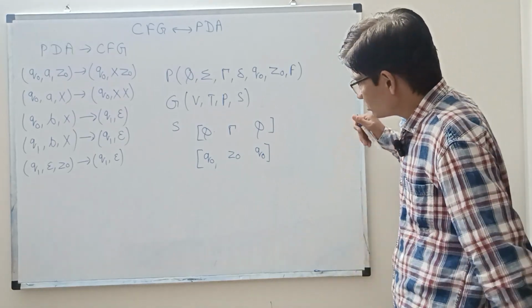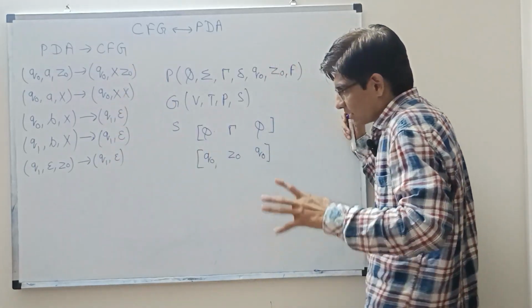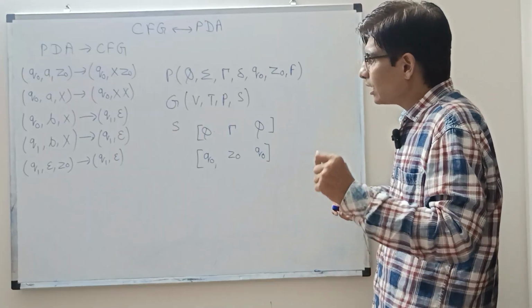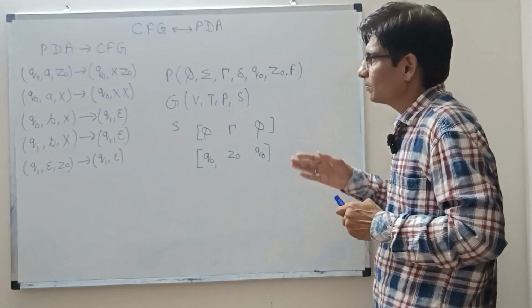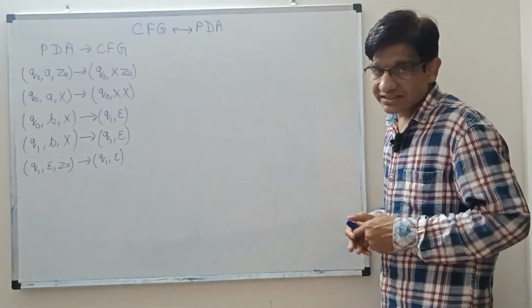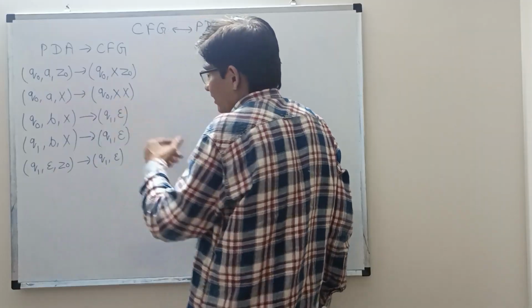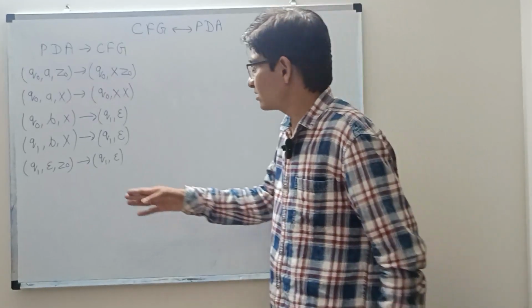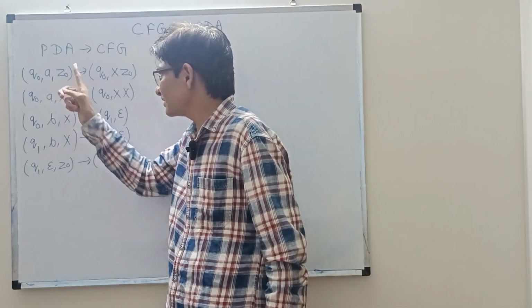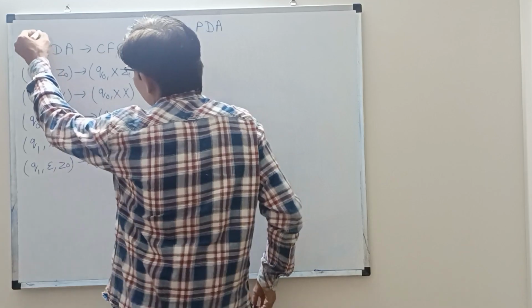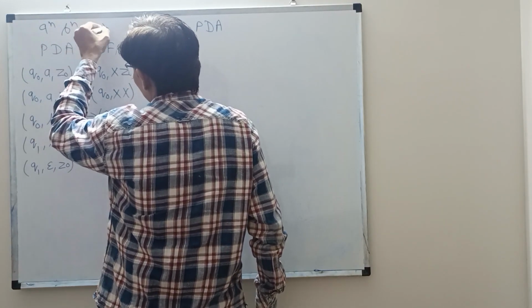Now I will take all these transitions as an example, and I will tell you how to convert this particular PDA into CFG. As I told you, I have taken this particular PDA as an example, and if you look at the transitions of this pushdown automaton, you can understand it is representing a to the power n and b to the power n, where n is greater than or equal to 1.